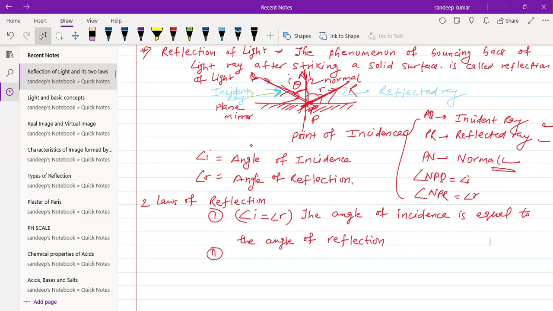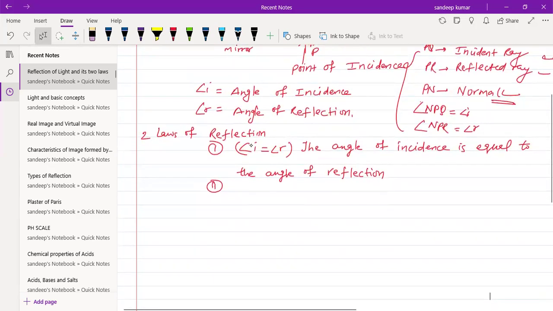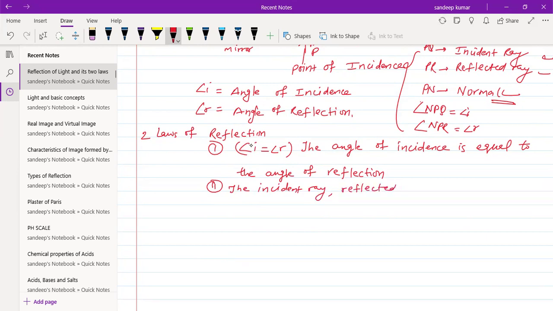So we can write the second law: the incident ray, reflected ray, and the normal at the point of incidence all lie on the same plane. So these are the two laws of reflection.